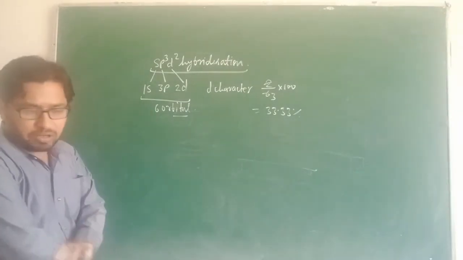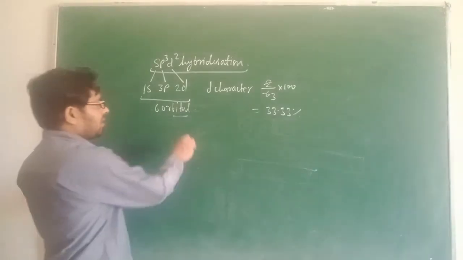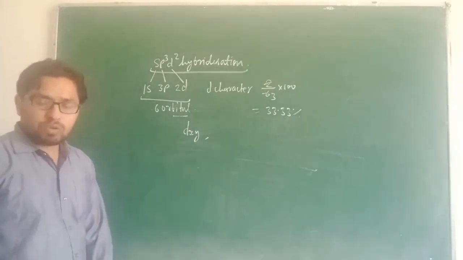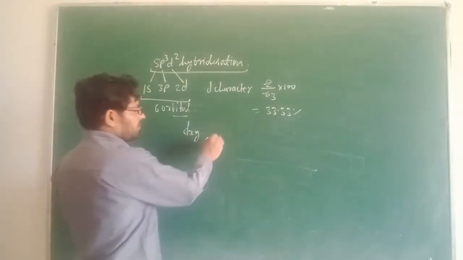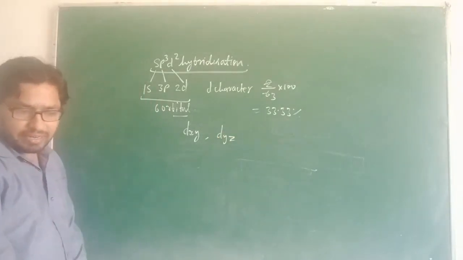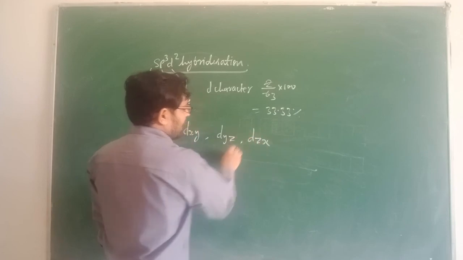In the d orbital, you know what the naming of d orbitals is. So the naming is there. Keep in your mind dxy, dyz, dzx. These three are on the axes. And the rest are dx square minus y square and dz square. That is the naming of the d orbitals.